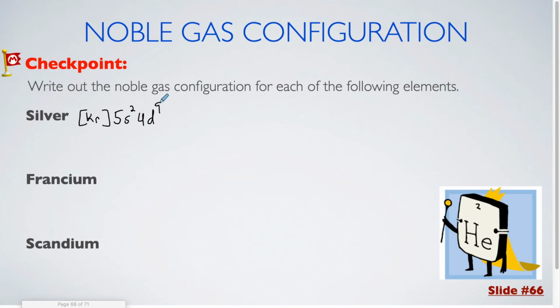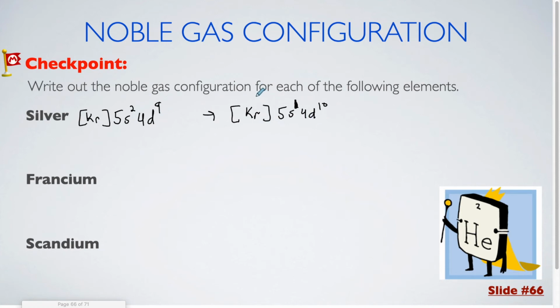Now if you try to Google the noble gas configuration of silver, you might find a different configuration. So you might see Kr, 5s2, 4d10. Actually, this should be 5s1, 4d10. So in this type of exception, one electron would move from this s orbital into the d so that this could be completely filled.